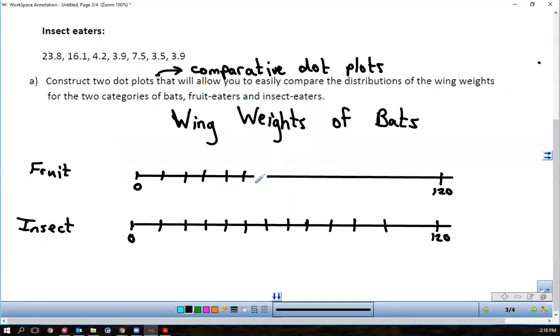Now, one thing you don't have to do is label each tick mark. What I would probably do is label every other one. 10, 20, 30, 40, 50, 60, 80, 90, 100.